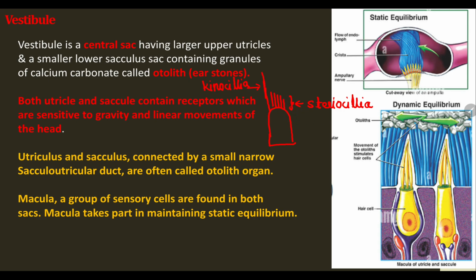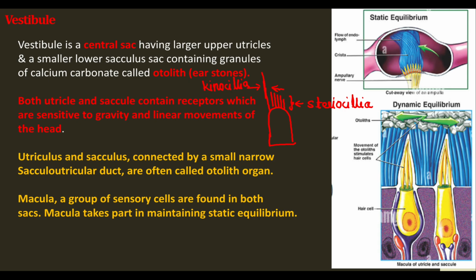So we have a single large kinocilium, and many small stereocilia. It is observed that when all the stereocilia move toward the longer cilium, the action potential will generate, because these sensory hair cells present in the utricle and saccule are sensory cells, and they are a kind of modified neuron.